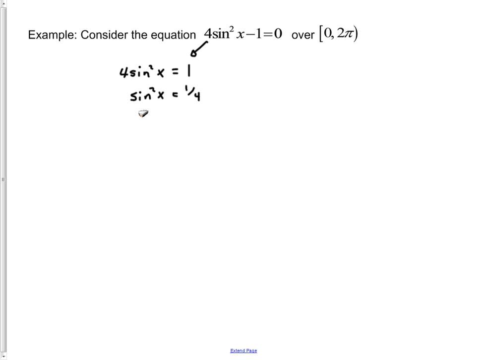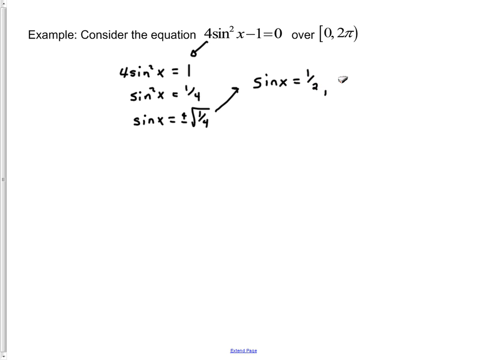Now we do need to be careful right here because when we take the square root on both sides, recall that we have to get the positive and the negative root of the value on the other side. So in fact, we're going to end up with two equations out of this. In one form of the equation, we're going to get sine of x is equal to the positive square root of 1/4. Well, that's 1/2.